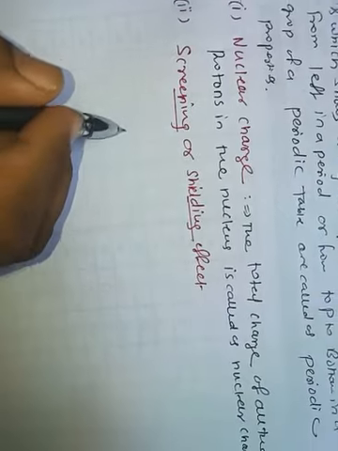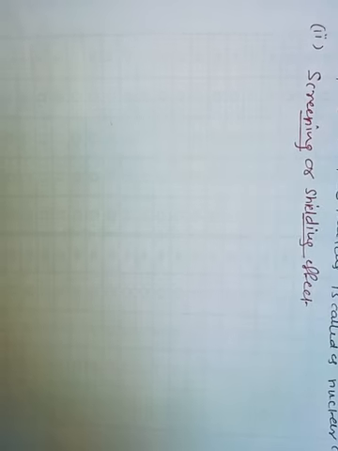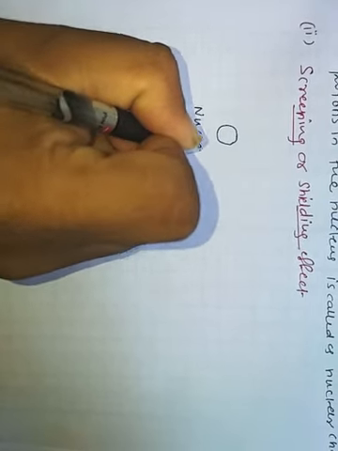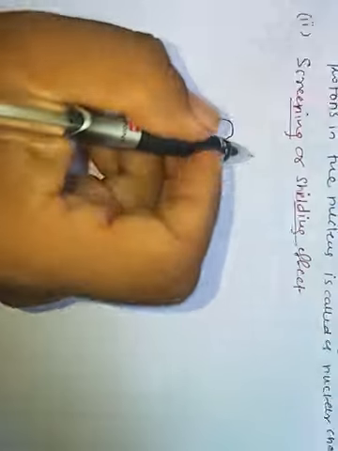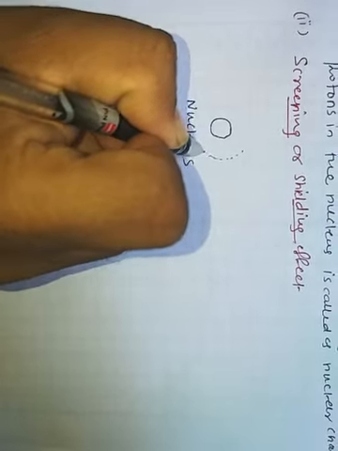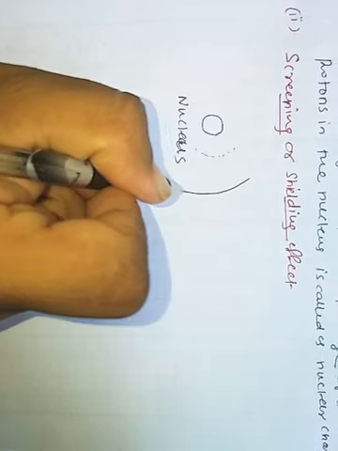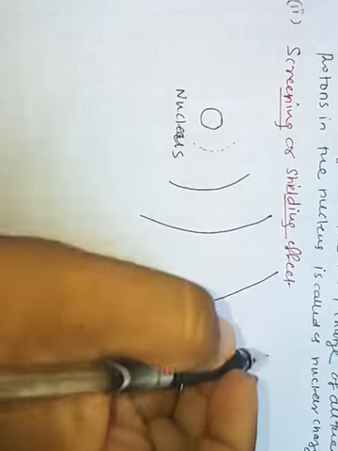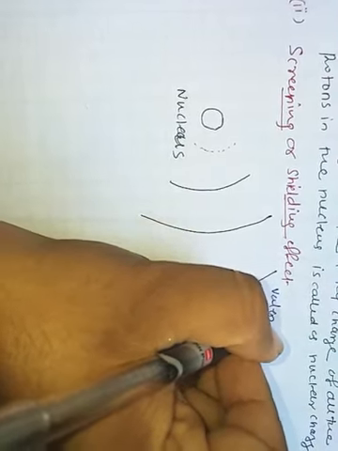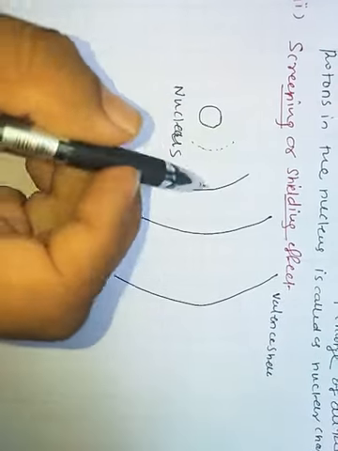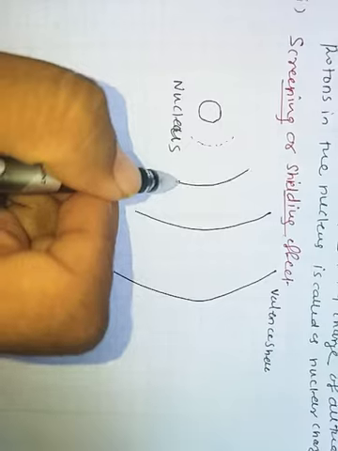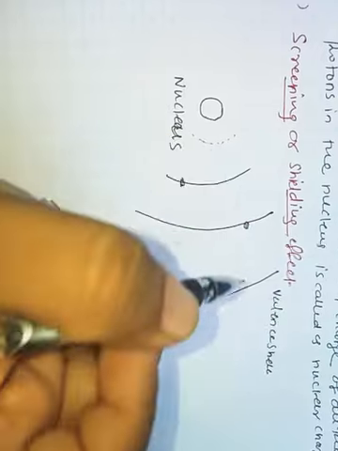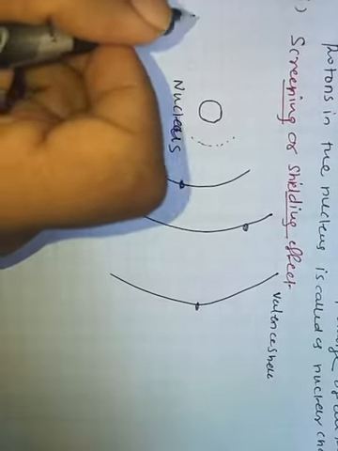Let's show this diagrammatically. Here is the nucleus. Suppose this is the first shell, here the second shell, here the third shell, which we can call the valence shell. Suppose there is one electron here, one here, and one here.